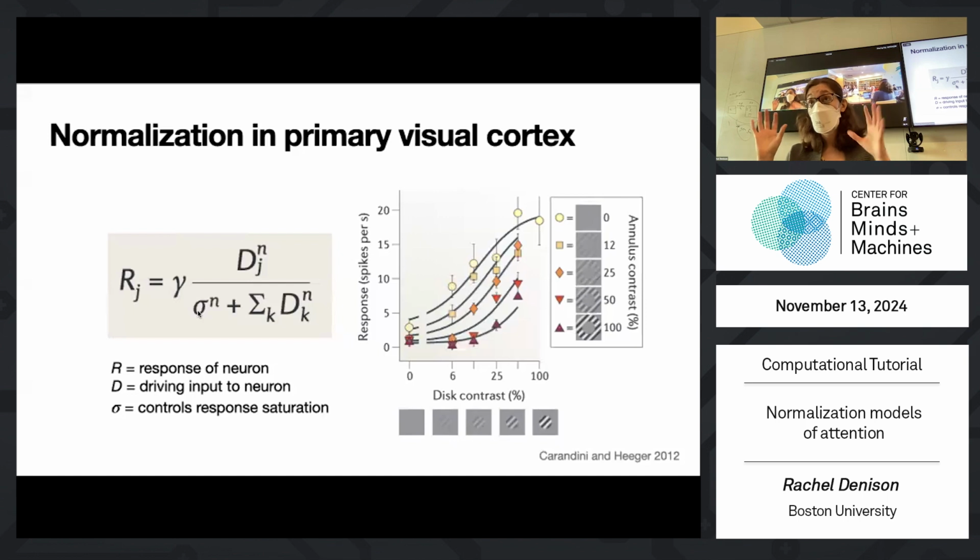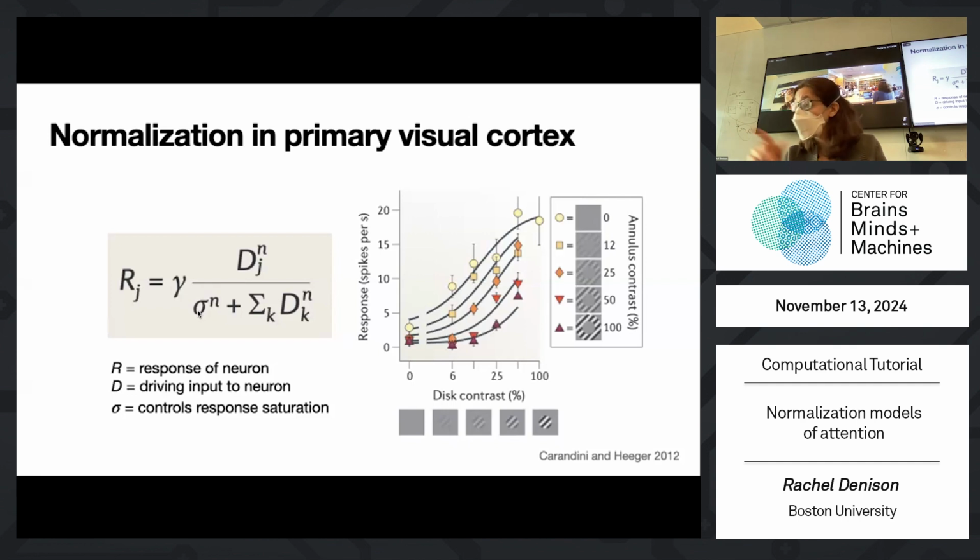And this is one of the major points of this normalization computation because it's divisive. It's not inhibitory in the subtractive way, right? It's not like you put something in the surround and it's always going to reduce activity in that neuron. It's only going to scale the activity that's already being driven by the classical, excitatory receptive field.